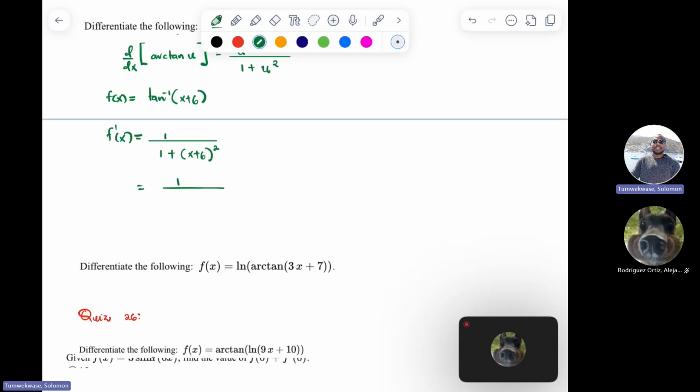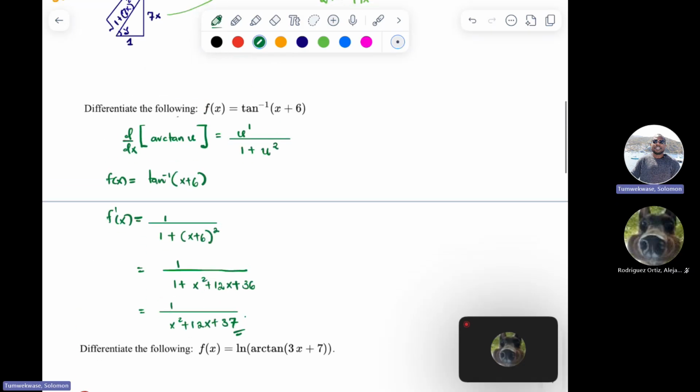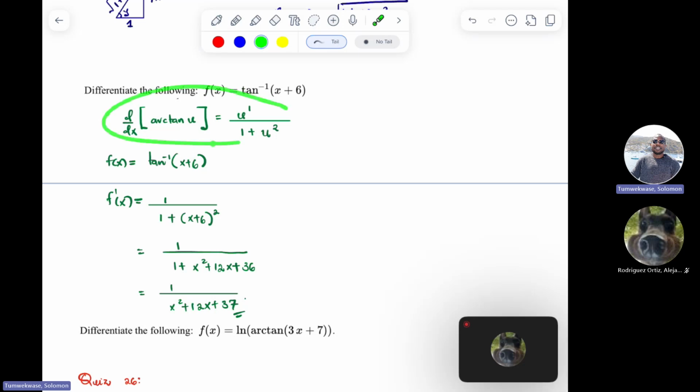And this is 1 over 1 plus x squared plus 12x, then plus 36, and this is 1 over x squared plus 12x, then plus 37. Now, like I said, if you remember this formula, then everything becomes easy.